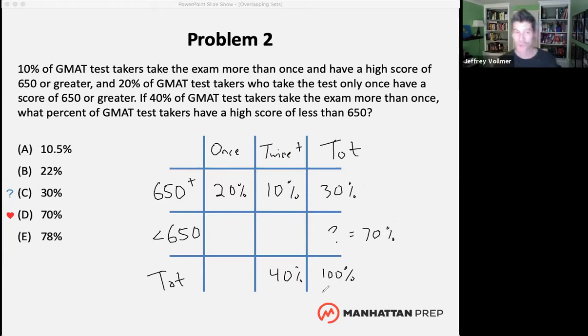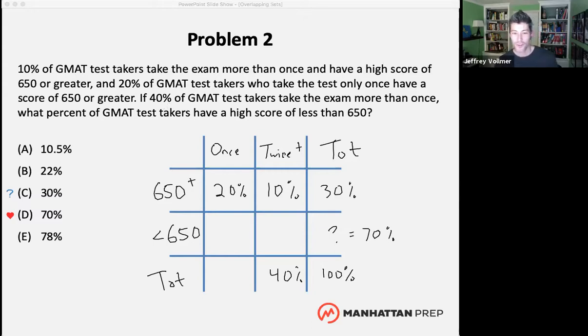Well, that's interesting because you might notice this was not used. That should give you pause, especially on problem solving. If a problem gives you a value or some fact and you don't use it, we should pump the brakes a little bit.